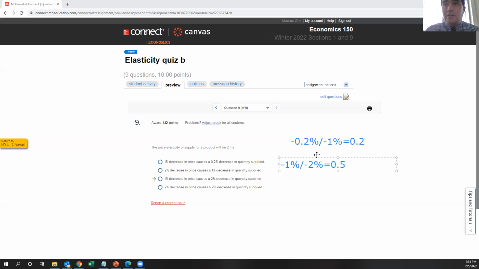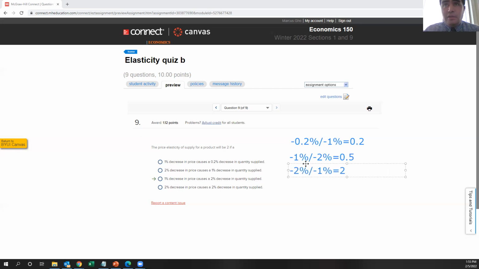And that's not an elasticity of 2. Let's look at this one. A price change of 1%, quantity change of minus 2%, divided by negative 1%, and that equals 2. And that's the right answer.